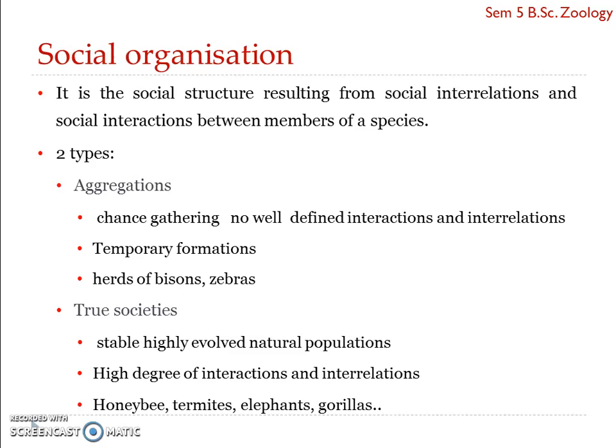Societies are stable and highly evolved natural populations, with a very high amount of interrelation and interdependence between the members, and a high level of integration, regulation, and orderliness. A true society may be characterized by leadership, territoriality, division of labor, altruism, and species-specific behavioral patterns.